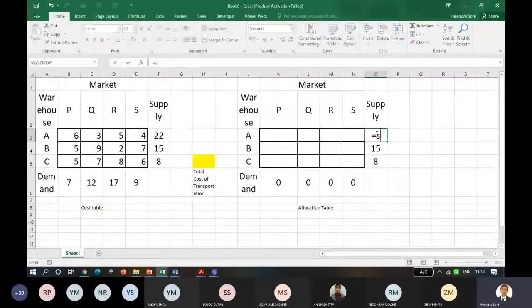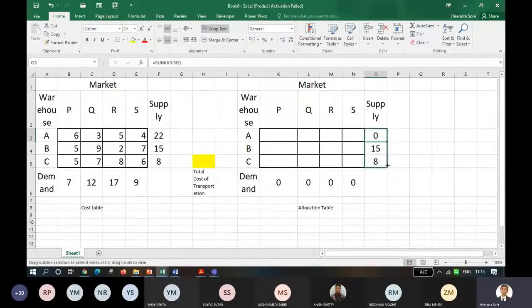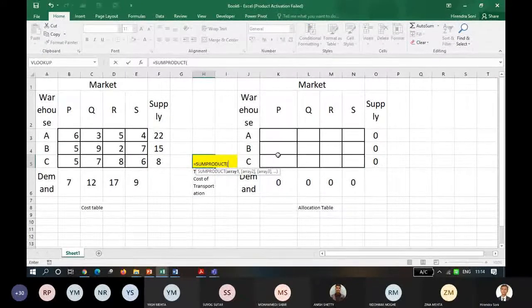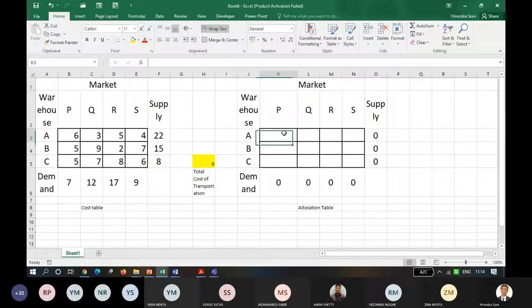And यहाँ पर it would be equals to sum of this. अब since it's a balanced problem, तो जैसा हम लोगों ने असाइनमेंट के लिए किया था, सेम मेथड यूज कर सकते हैं. सो दिस वुड बी इक्वल्स टू सम प्रोडक्ट ऑफ दिस एरे कॉमा दिस एरे. अभी इधर पर देखते हैं वन डाल के कि हमको बराबर वैल्यूज आ रही है क्या.